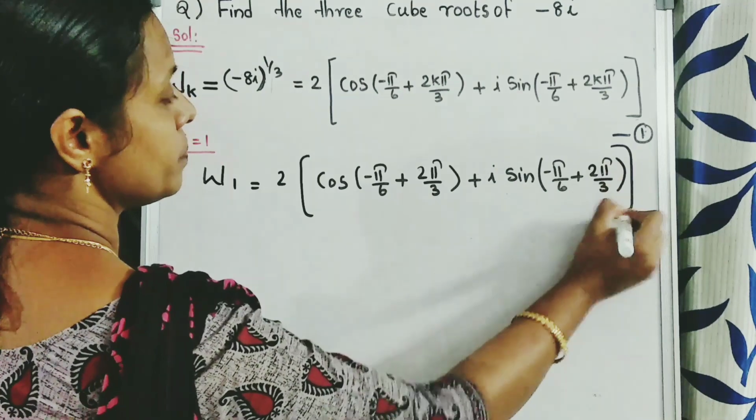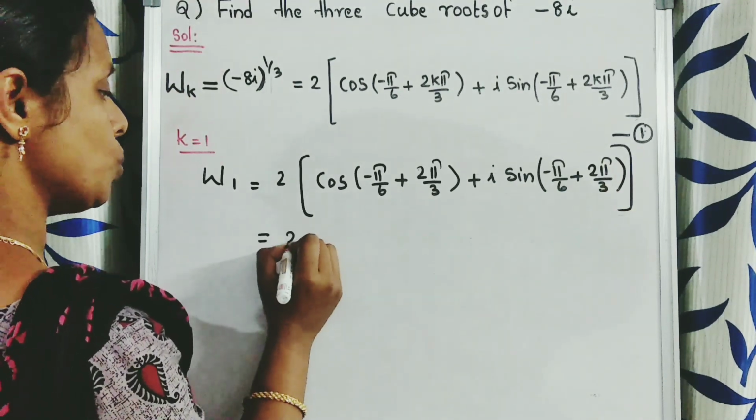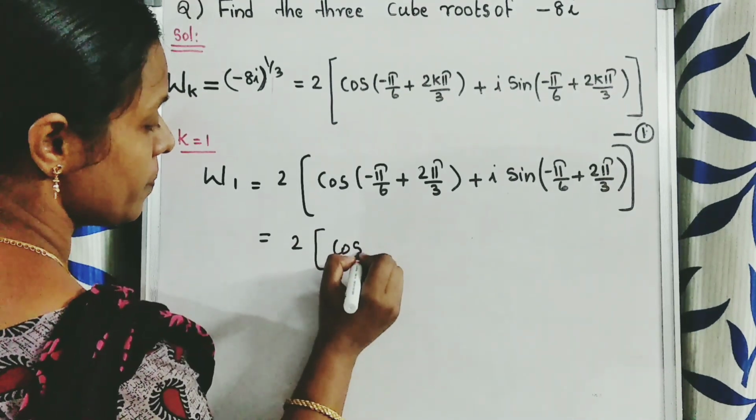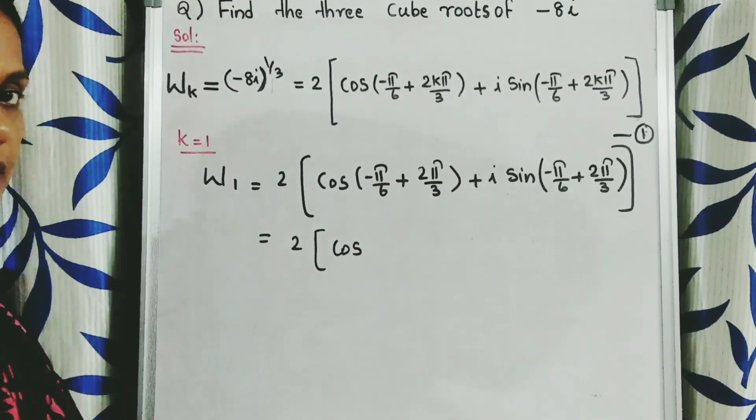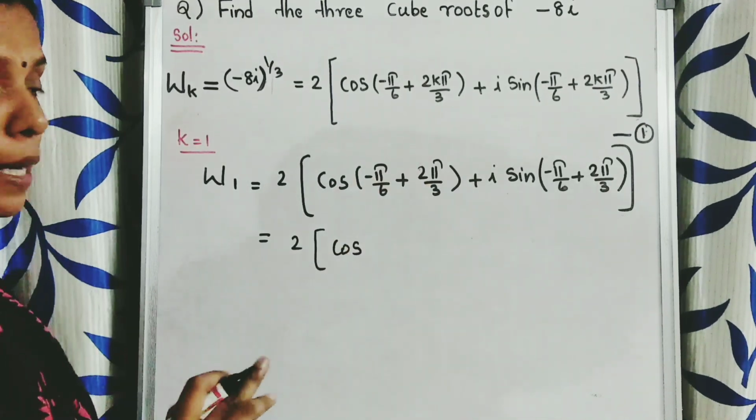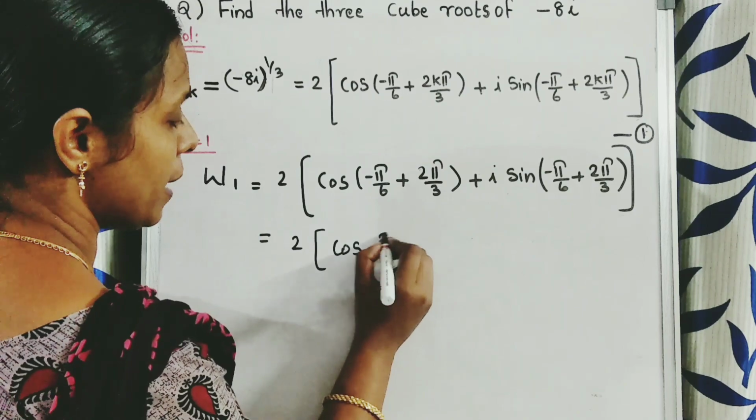That is equal to 2 into cos of negative pi by 6 plus 2 pi by 3, we get pi by 2.